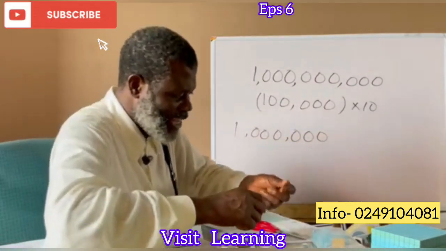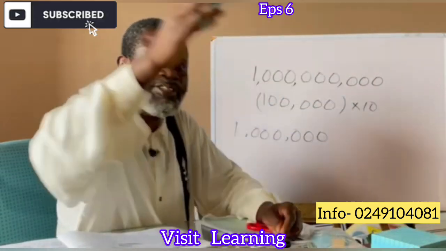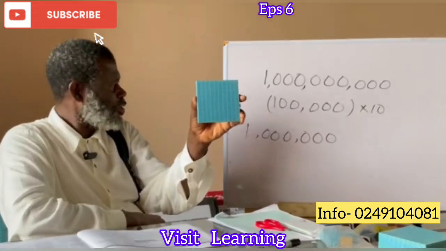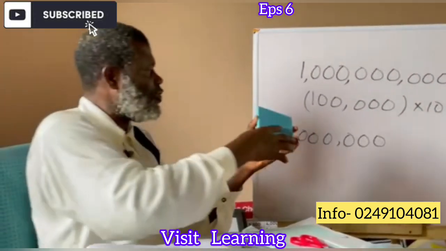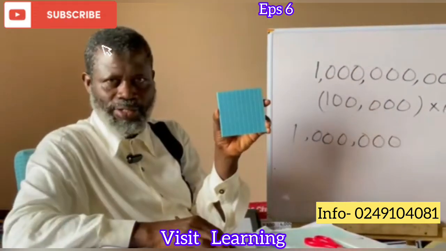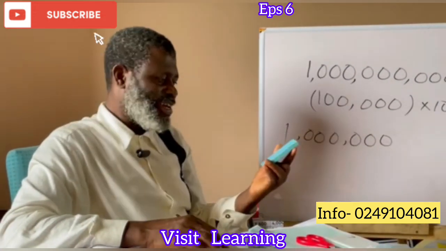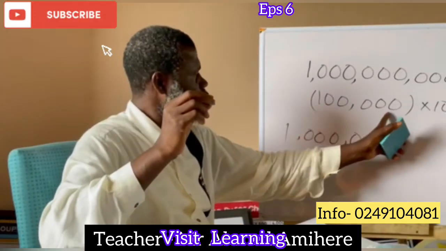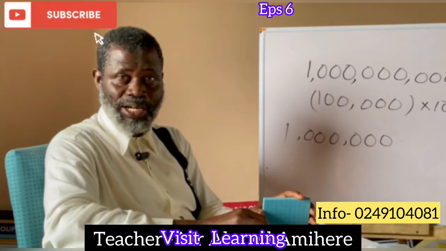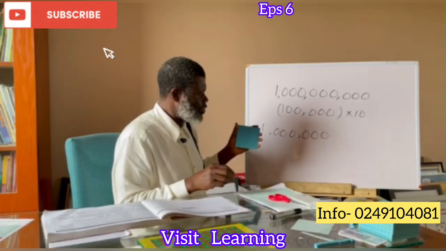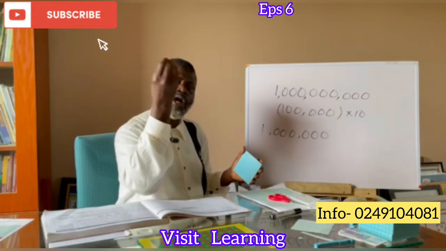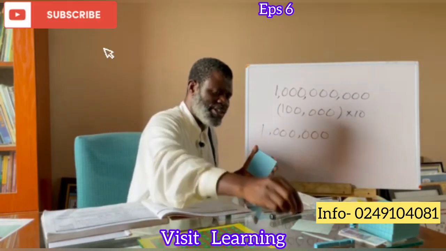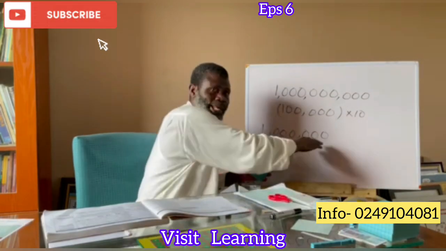1 million. So then, the question is, what should be the value of a flat? The flat is 10 times the value of our long, or the rod, as well as being 100 times our smallest unit, which is the 100,000. So what we're saying is that if we have one of these representing 100,000, then 10 of that will be 1 million.